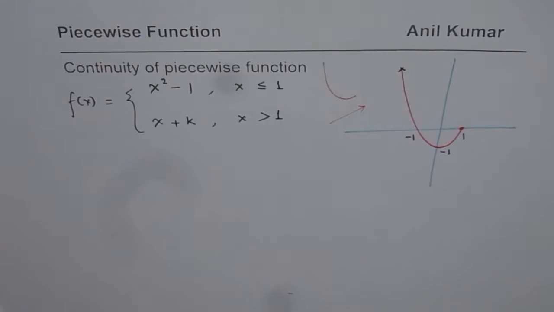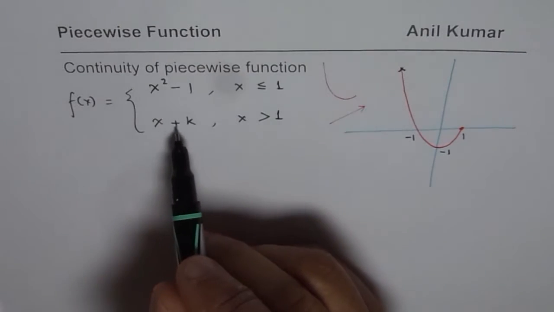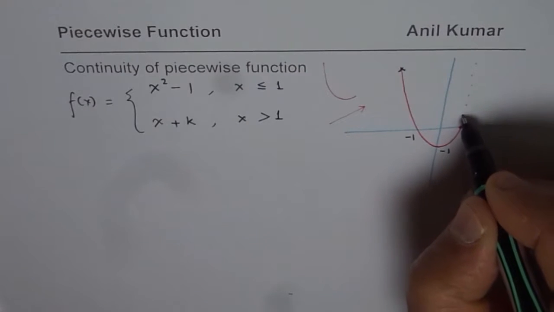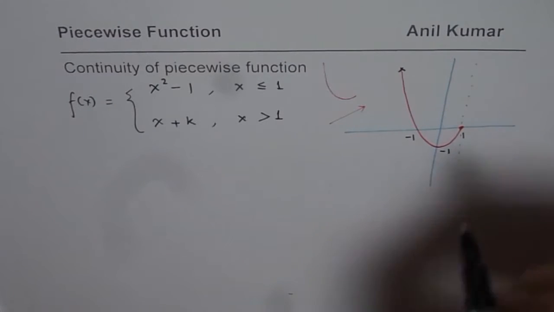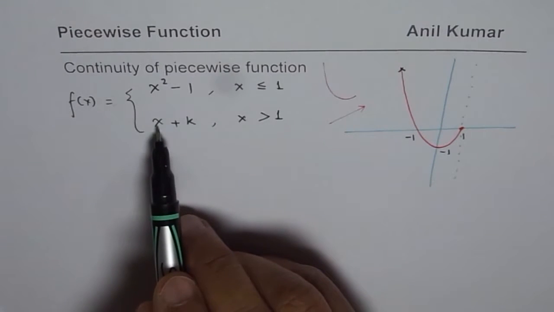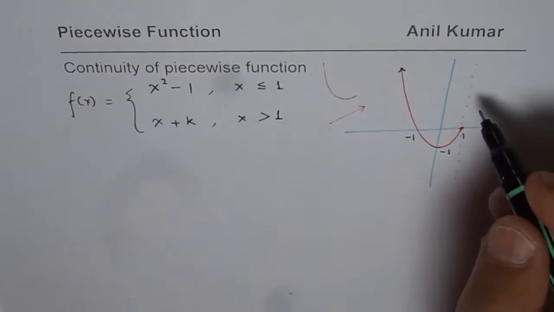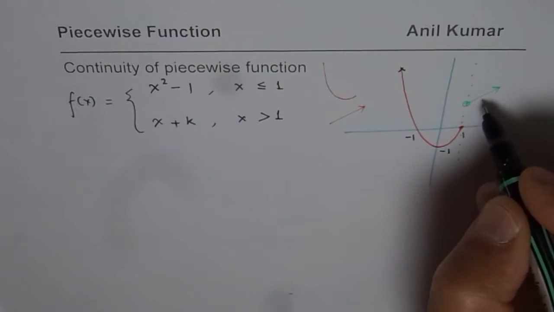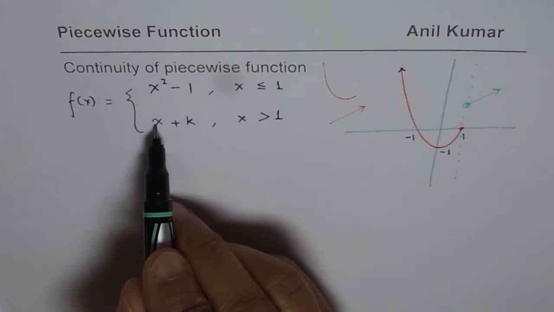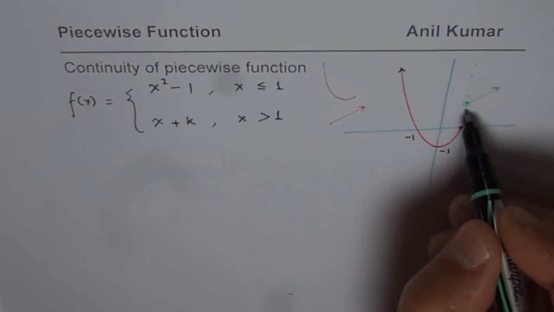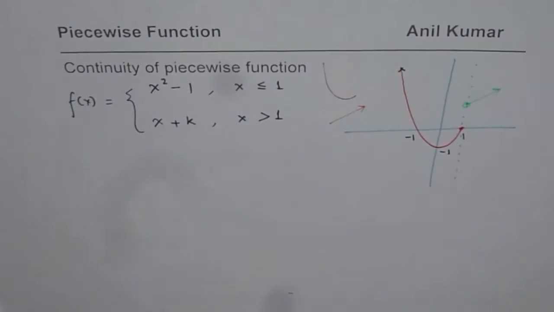Now this function, which is x plus k on the right side of 1. So that means it could start anywhere, right? So if I write k as 0, then it starts at 1, correct? So it could start anywhere. So any line which is kind of like this could be a function representing x plus k. You get the idea, right? Now this point is based on k, correct?